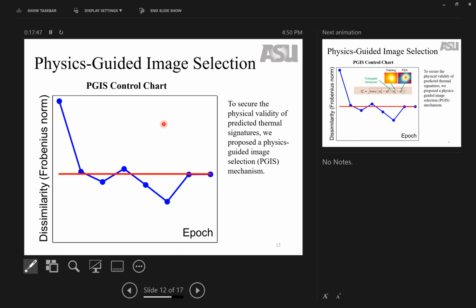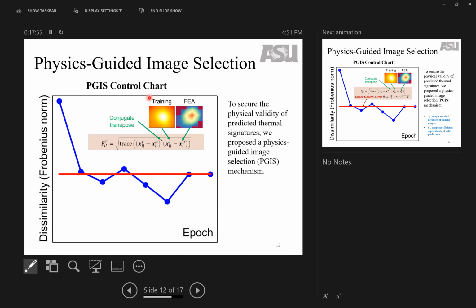To do this, I proposed this PGS control chart. For example, we have the training images from a finished LMD part, and we have the physical resources, for example an FEA model, which generates a simulated image of the melt pool. We can calculate their distance, specifically a Frobenius norm. Some of you may know it.